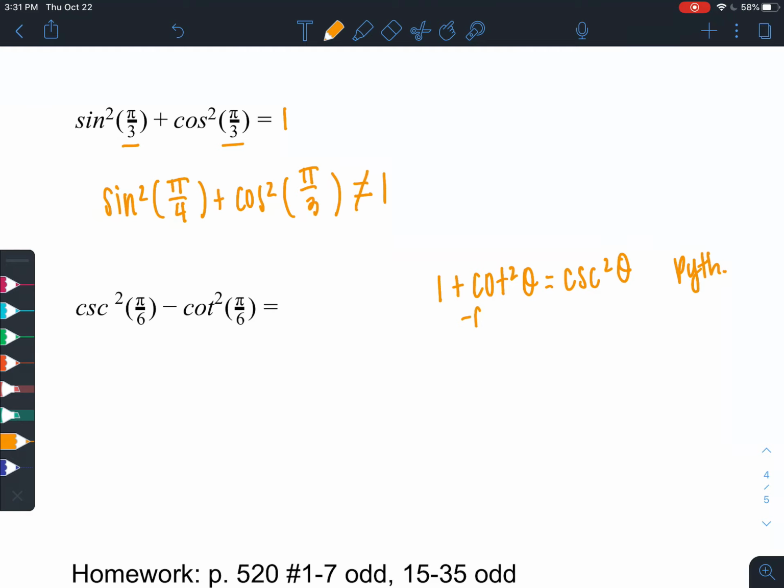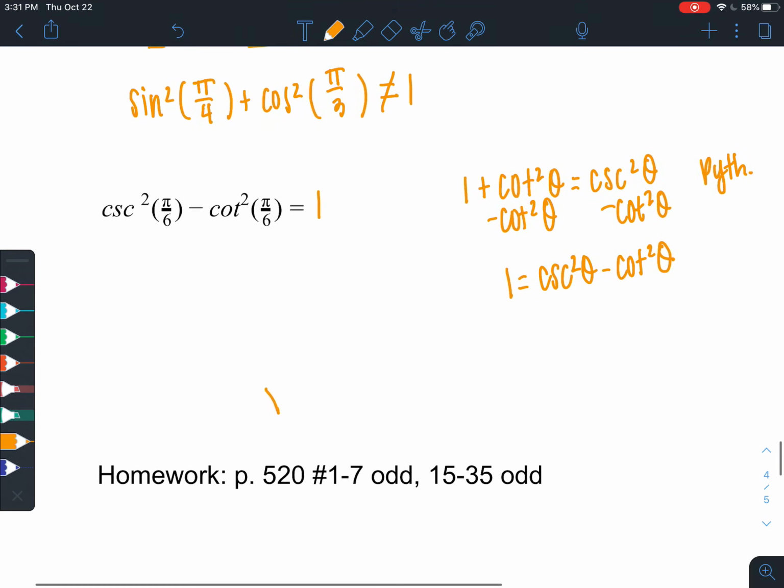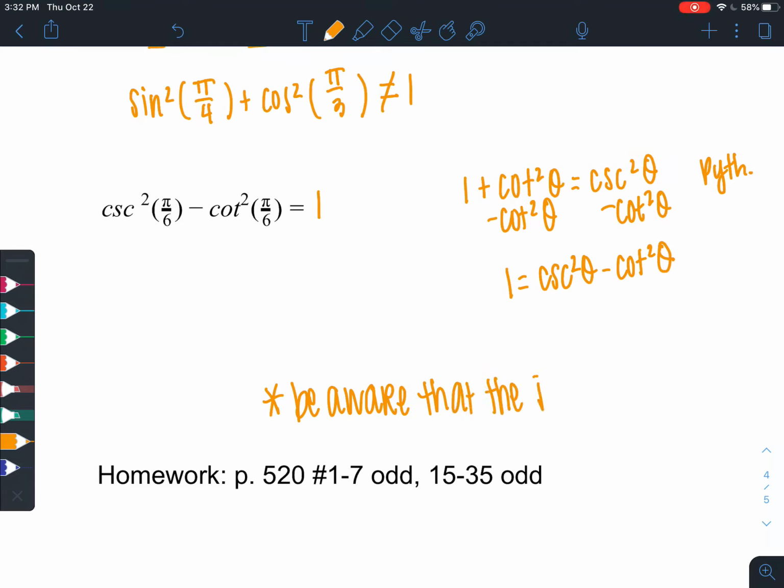If I subtract cotangent squared from both sides, I get 1 equals cosecant squared theta minus cotangent squared theta, which is what I have here. And so that is equal to 1. So be aware that the identities might be hidden.